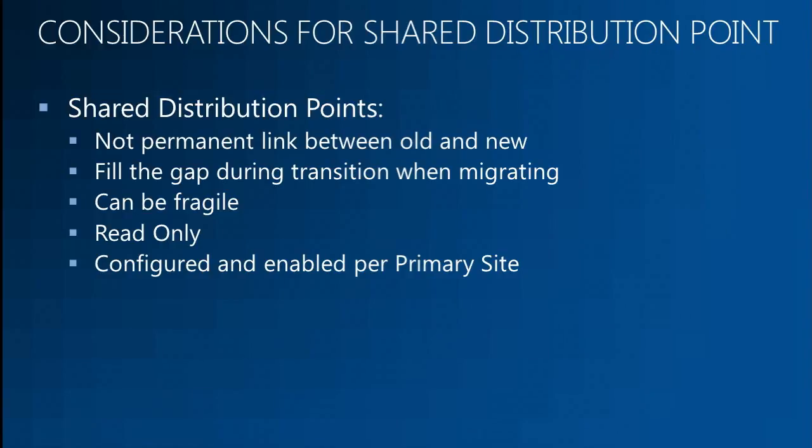All shared distribution points are treated as protected DPs, so there's no fallback for a shared DP. Even though it has fallback enabled and isn't a protected DP, in Config Manager 2012 we treat it as a protected DP. And as I mentioned, configuring per primary site is repetitive, 160 clicks if you have 20 of them.